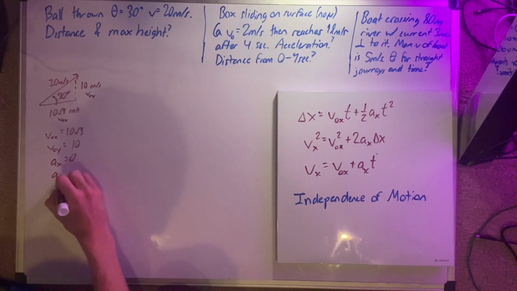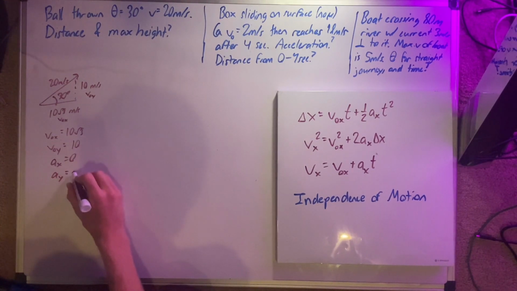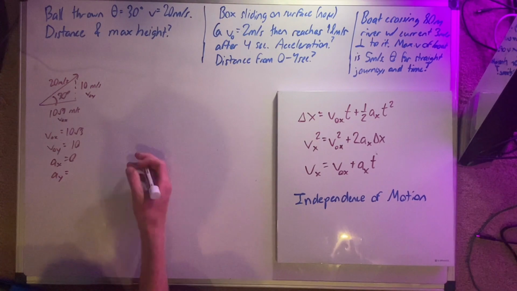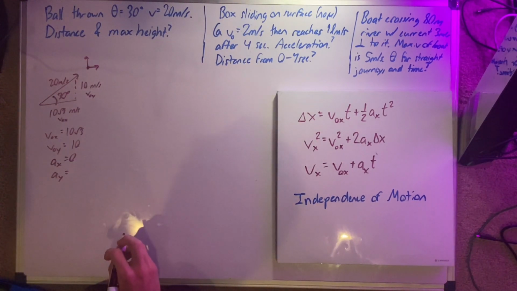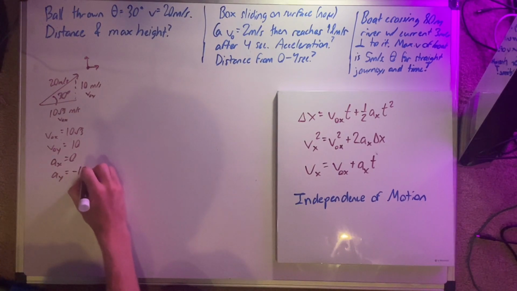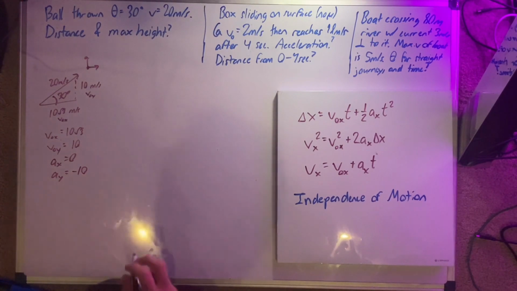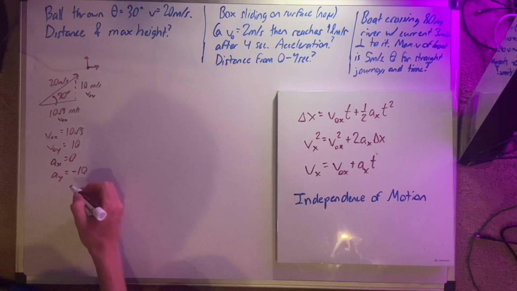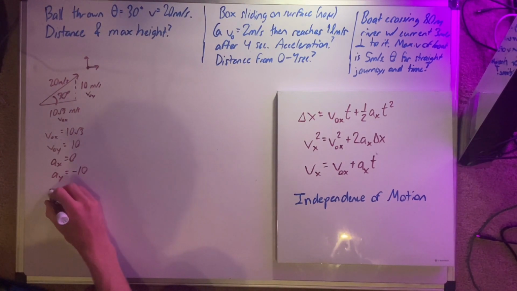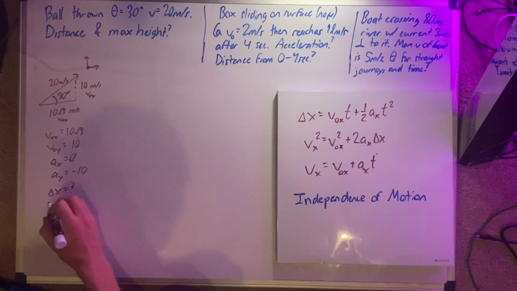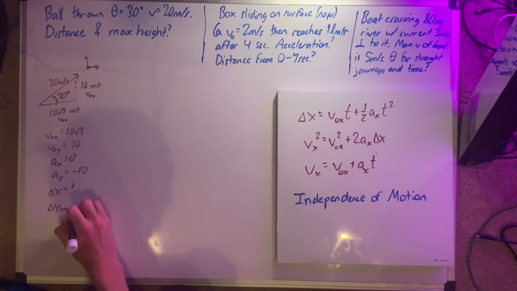So acceleration in the y is equal to gravity, which if we set our positive direction upwards and to the right, because that's just the directions that they start with for our velocity, we can say gravity then is negative 10 meters per second squared. Of course, we can just use 10 for gravity at all times. So then we also know we want to know our distance, and we want to know our max height.